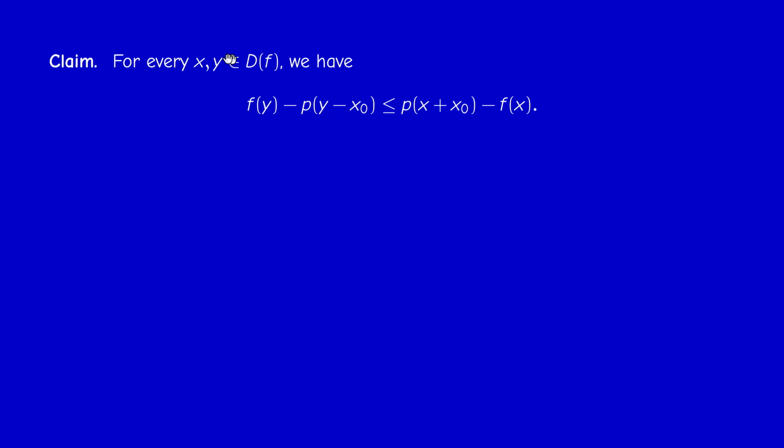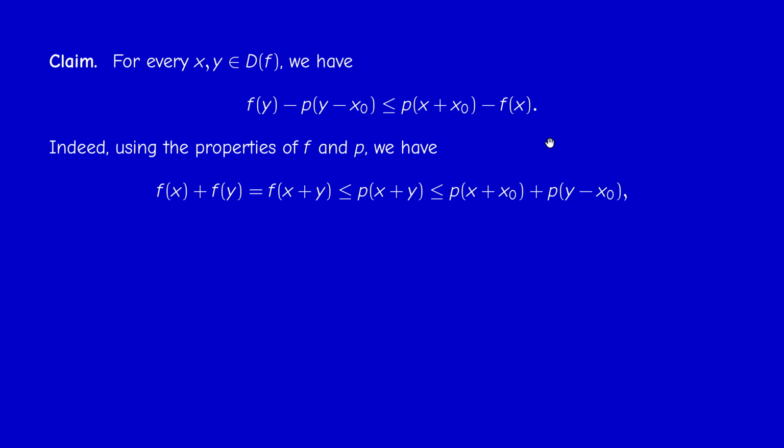But before this, we prove another claim. This inequality: for every x and y in the domain of F, we have f of y minus p of y minus x0 is less or equal than p of x plus x0 minus f of x. Why is this true? Since f is linear, f of x plus f of y is f of the sum.